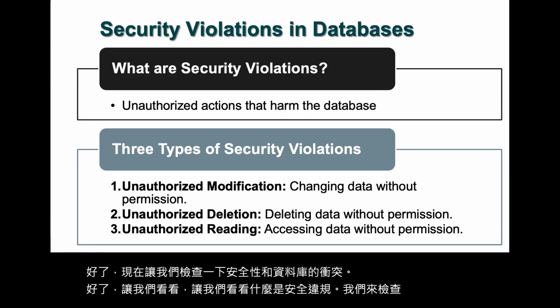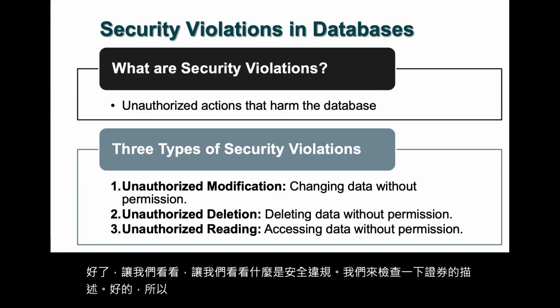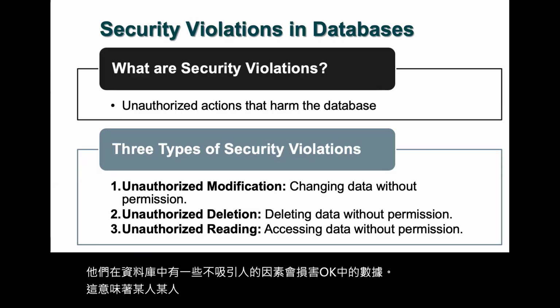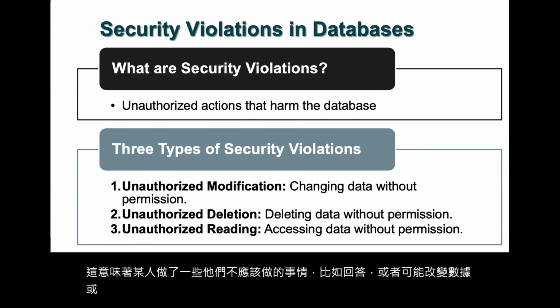Okay, so security violation here means that there are some unauthorized actions that happen in the database to harm the data inside. Okay, and this means that someone does something they're not supposed to do, like accessing, changing the data, or deleting the data without permission.